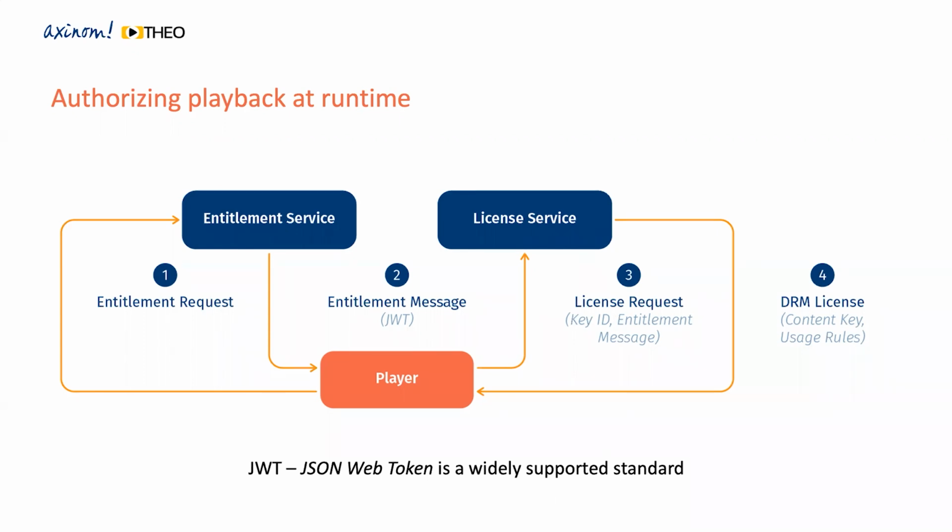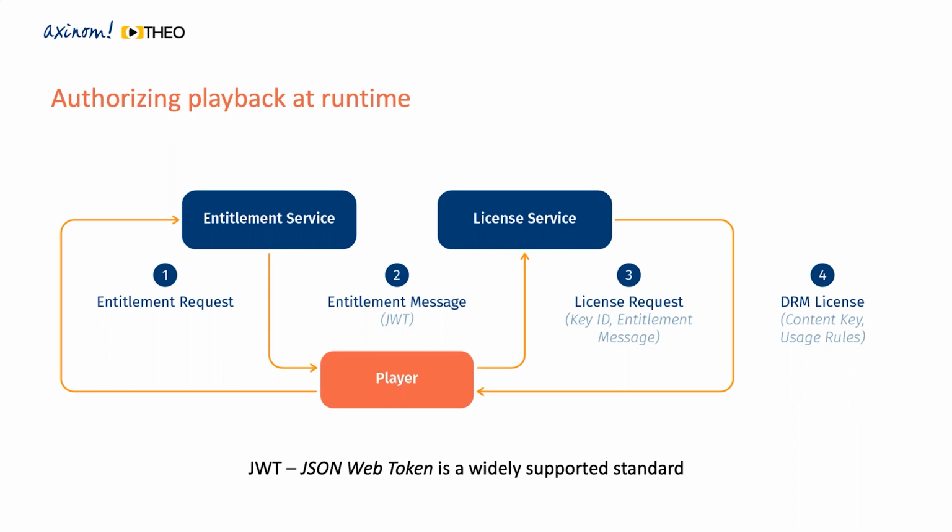And so in that point in time when the entitlement request arrives at the entitlement service, this service has the responsibility to create now a JSON structure, and the content of this JSON structure says what rights that user should now get to that title he's asking for.